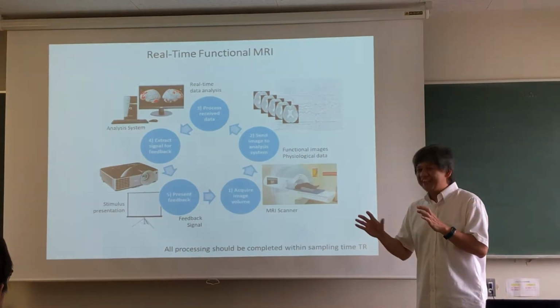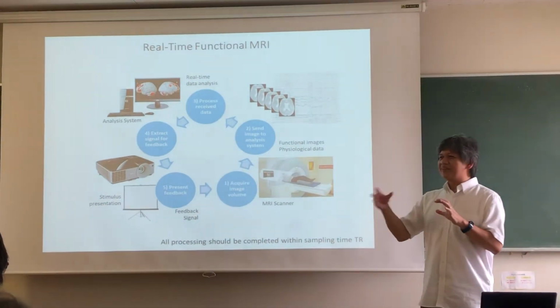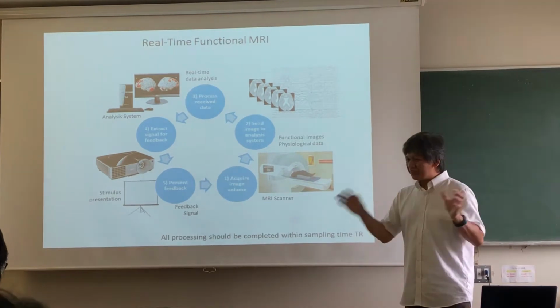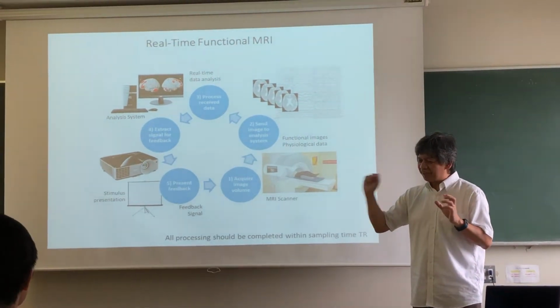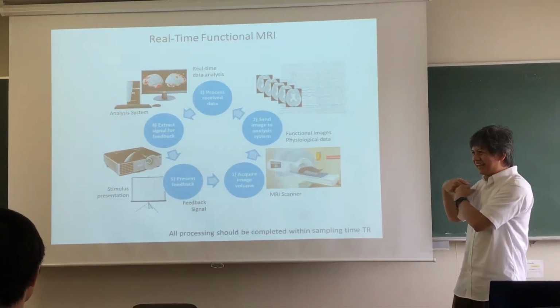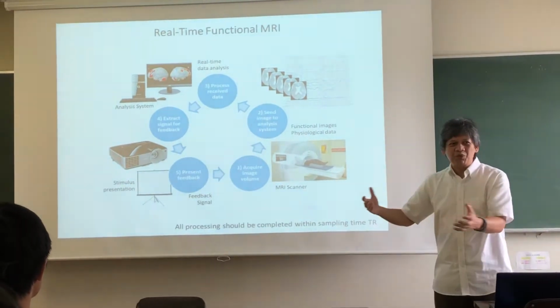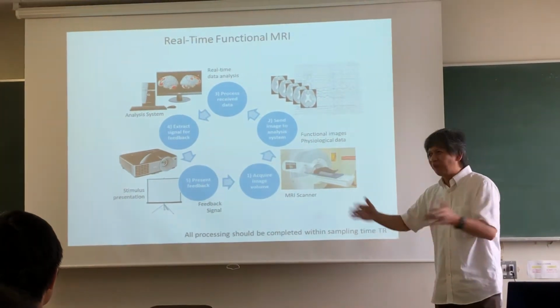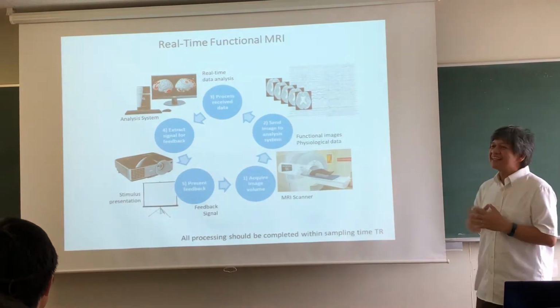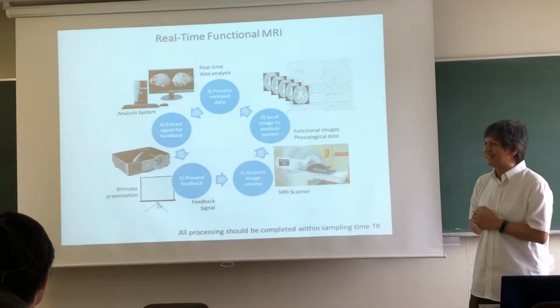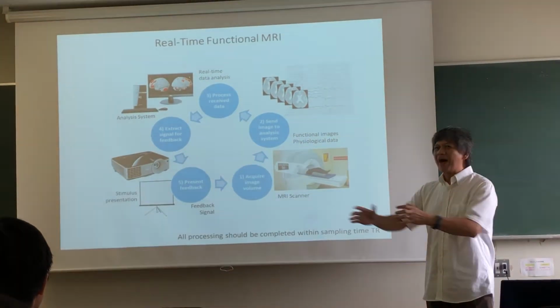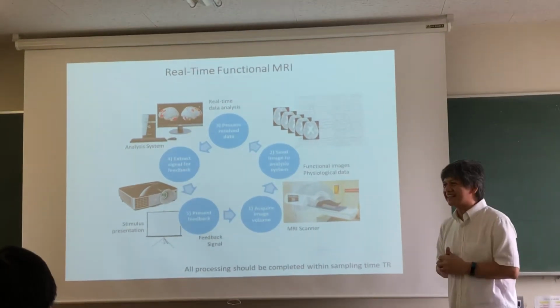As I mentioned earlier, when you do fMRI, you scan the participant, and after the scan, you get all the data, and then analyze that data maybe a week or several weeks or 1 month after. But in real-time fMRI, the key point is that we analyze the data while the participant is still inside the scanner.